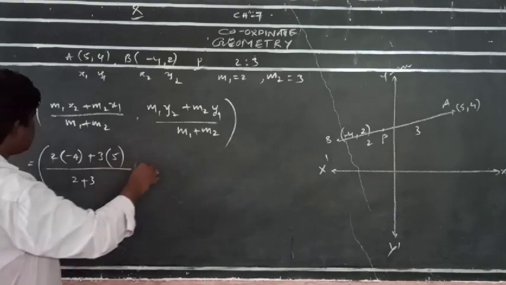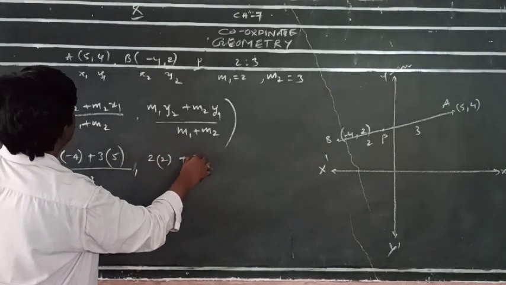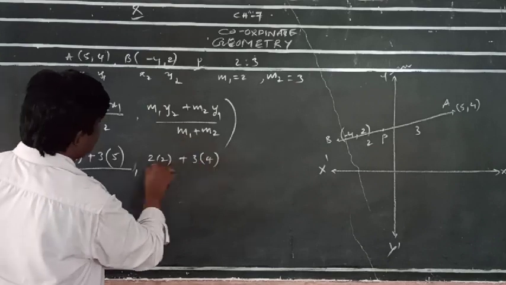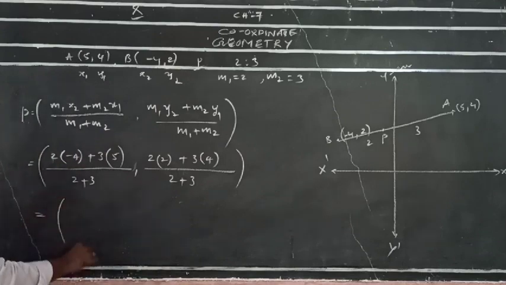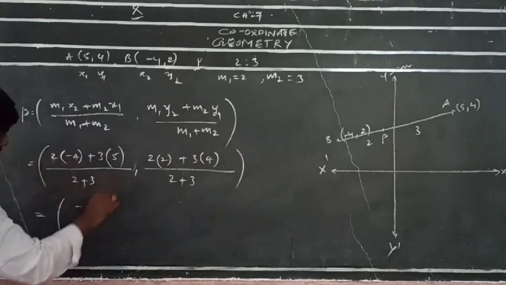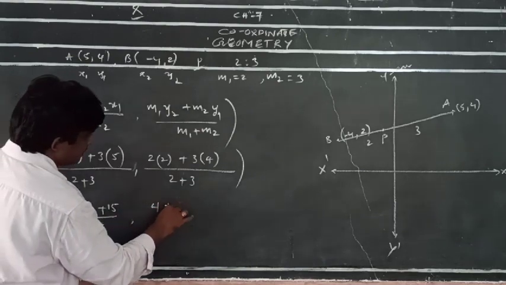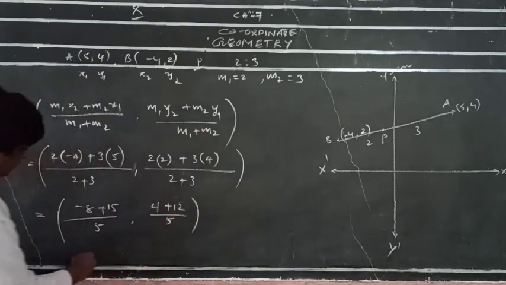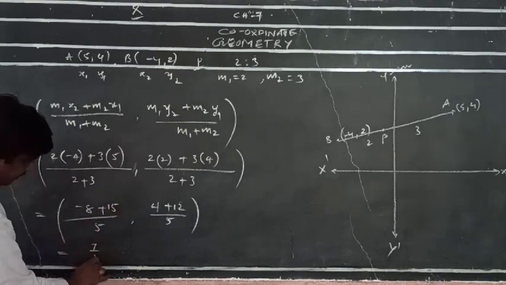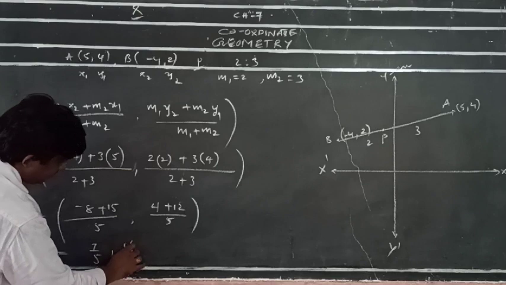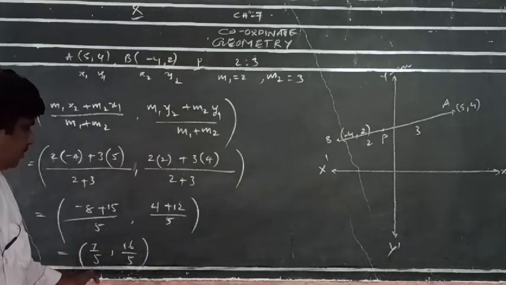Now for y, m1 is 2 and y2 is 2, plus 3 into 4, by 2 plus 3. So this is -8 plus 15 by 5, and 4 plus 12 by 5. That means 7 by 5 and this is 16 by 5. So this is the ordered pair and this is the point P.